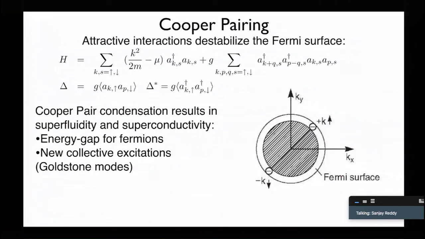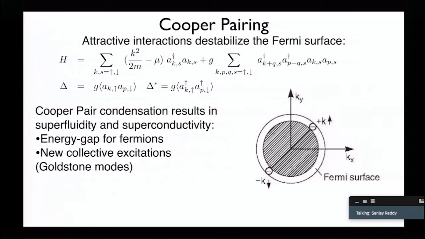The density is A dagger A, but these other operators that are pairs of operators, A A or A dagger A dagger, are operators that produce or annihilate a pair of fermions in the vacuum. So when they have an expectation value, it means that there is a condensation of Cooper pairs in the vacuum. And this happens for arbitrarily small coupling G.